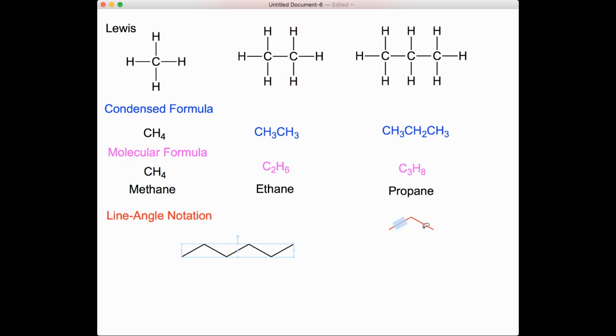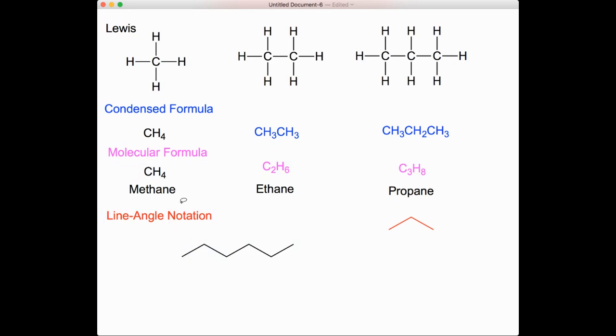And the ends of the drawing are also carbons. So in propane, we have 3 carbons, 1 carbon here, 1 here, and 1 here. In this molecule that I drew here, we have 1, 2, 3, 4, 5, 6 carbons.